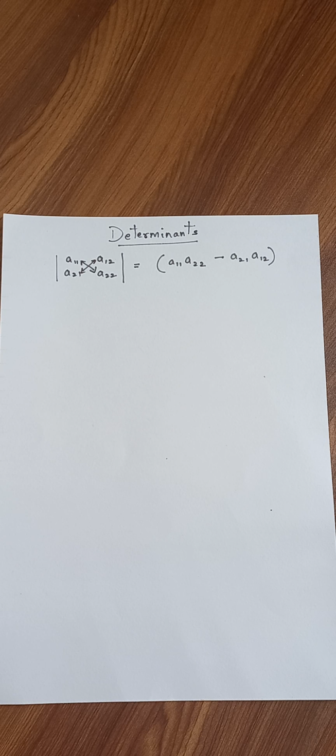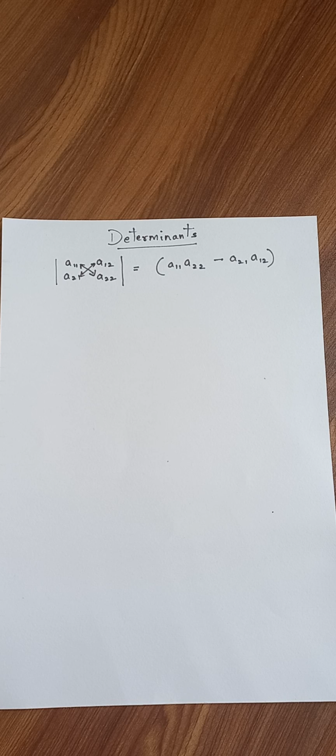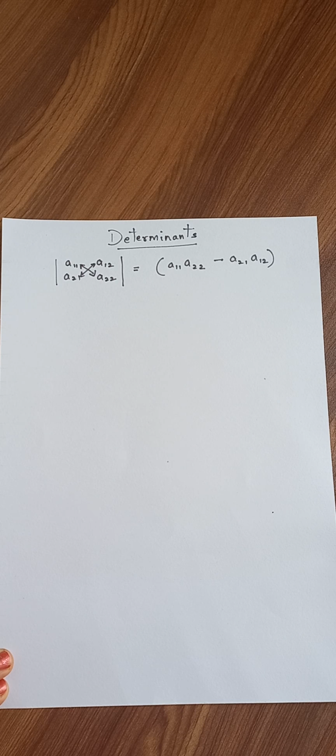Now let's have a quick recap of some points. For a determinant of order 2, you have seen we just multiply and then subtract. But if we have to find the value of a determinant of order 3 or more, we need something more: we should know about the minors and cofactors of that determinant.